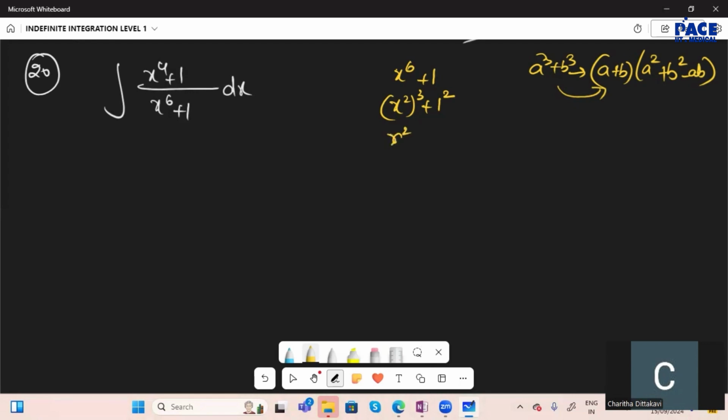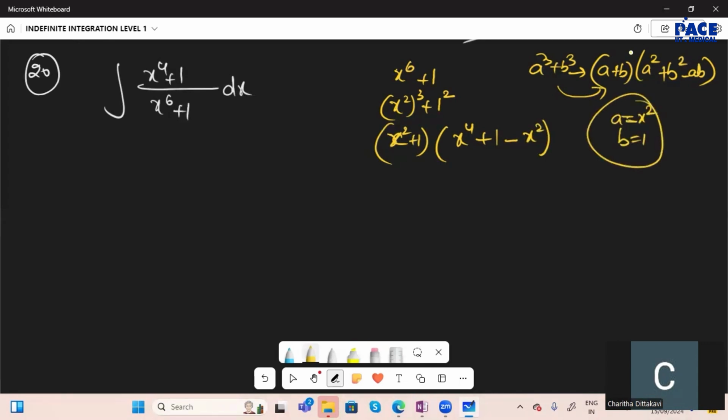That is your a plus b of a square, in the sense x power 4, plus b square, in the sense 1, minus ab, that is x square. Clear? Here your a is x square, b is 1. Treat them properly. Right. Now you have x power 4.